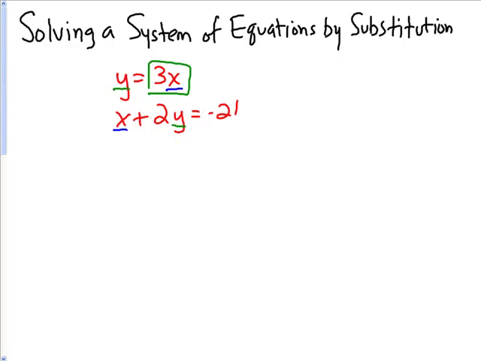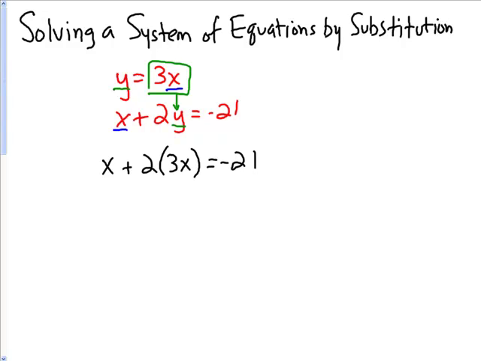If we look at this first equation, we have y equals 3x. So I can take that expression for y, substitute it from the first equation into the y for the second equation, and rewrite that second equation. Every place where I see y, I'm going to write 3x. So now I have x plus 2 times 3x equals negative 21.